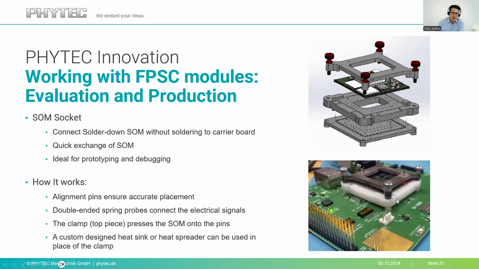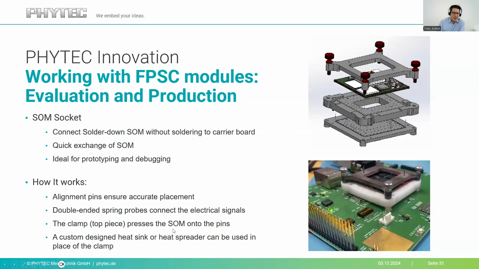You can just use this connector, put it on your carrier board with the footprint of FPSC, and then you can stick in the module on top, press it down, and there are alignment pins that will ensure the accurate placement of the module, and there are double-ended spring probes inside this adapter that will then make the connection between the carrier board and the system on module without the need for any soldering.